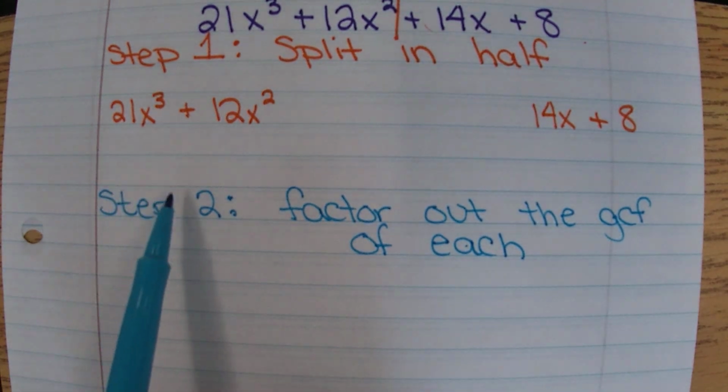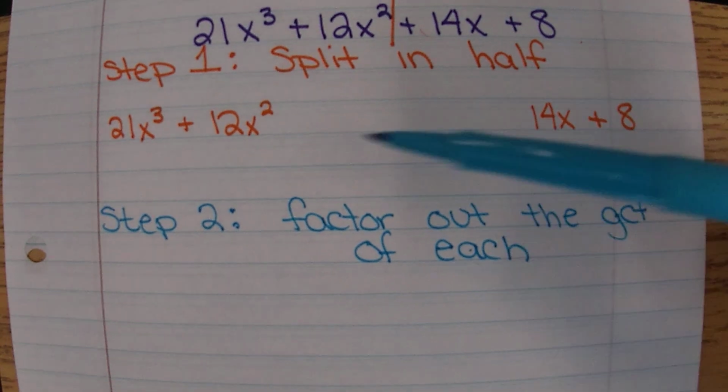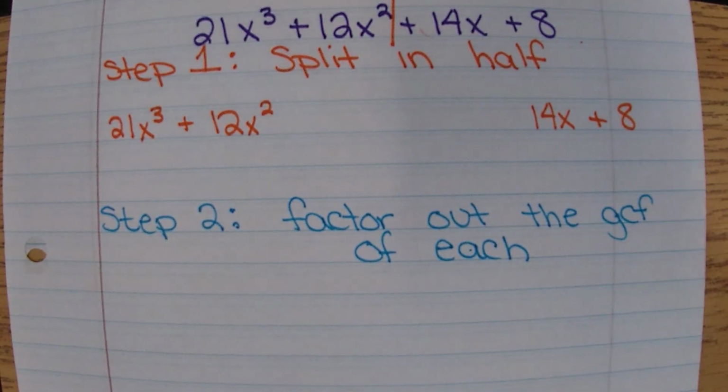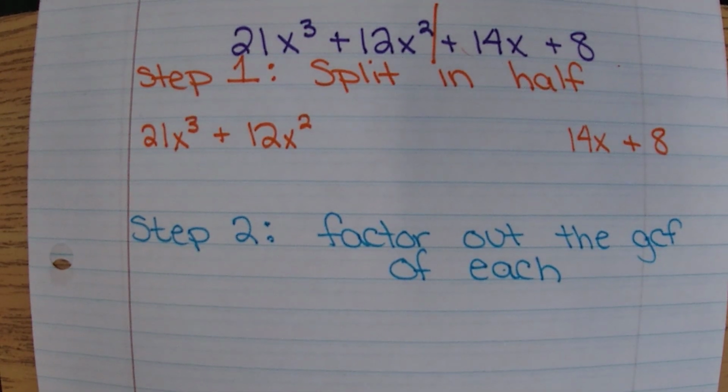So I left a little bit of space here on purpose, but step 2 is that we're going to factor out the GCF of each of these. So we're going to pretend that we have 2 separate problems and that it was yesterday in class and I gave you these 2 terms and I said factor out a GCF.